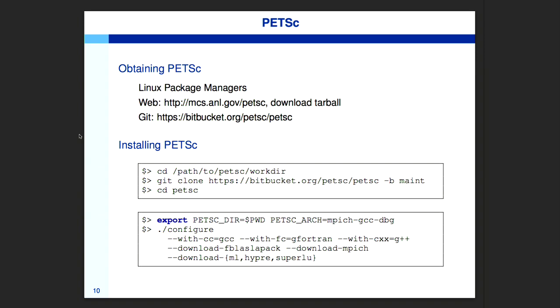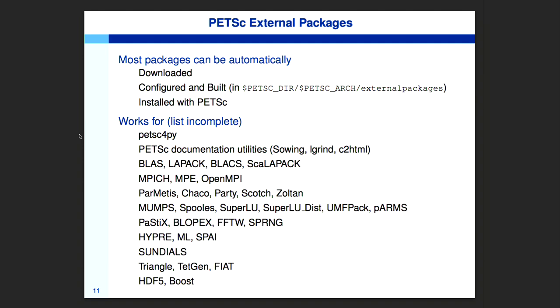So it's possible, as shown here, to configure the software so that you could download and install ML, Hypre, and SuperLU, some of the other complementary capabilities provided in FastMath, software developed by our friends at other institutions, so that you can experiment with different algorithms at runtime. So most of these external packages can be automatically downloaded and installed at configure time.